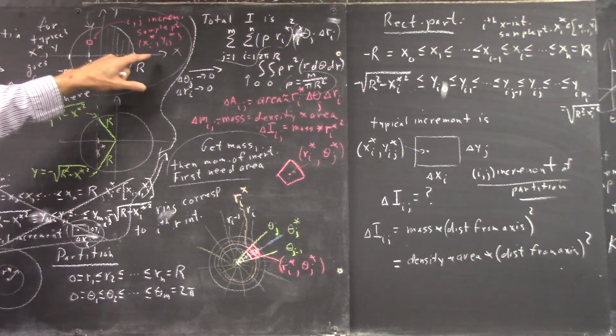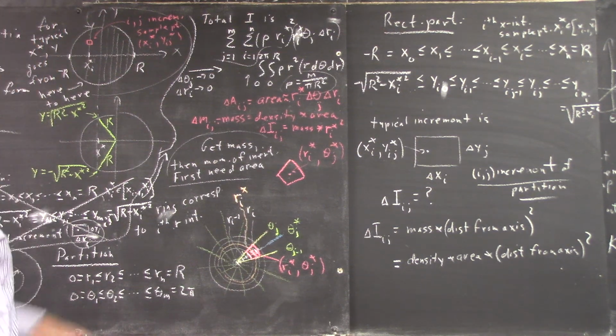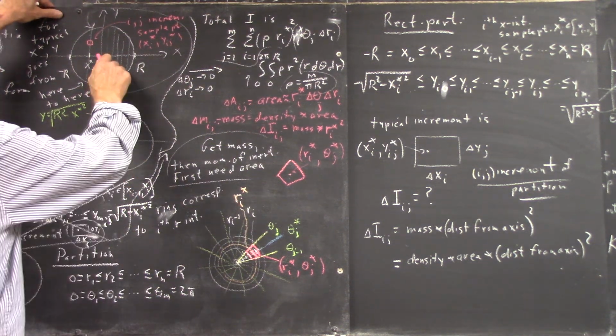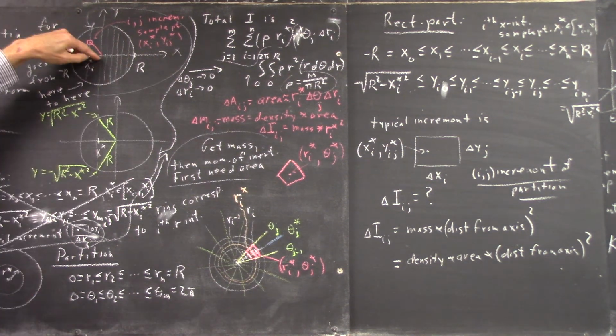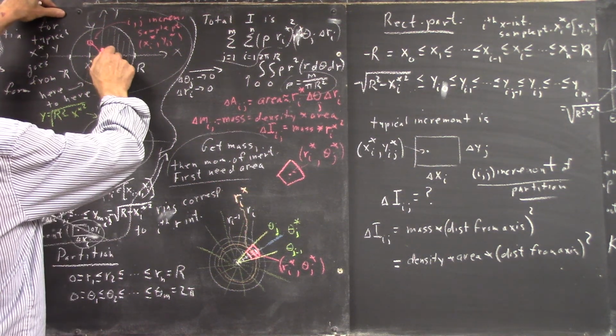With sample point xi star, yij star. Now you just said what it was, and you were right. But just to illustrate it, so we have reference in case anybody forgets, then what's this distance from the axis? Axis implicitly at the origin. I wasn't real specific about this.